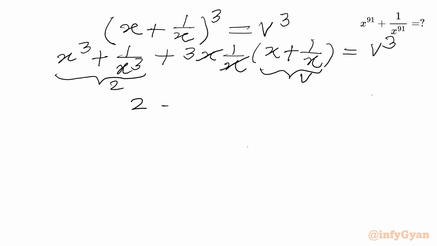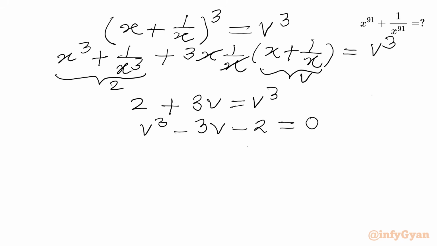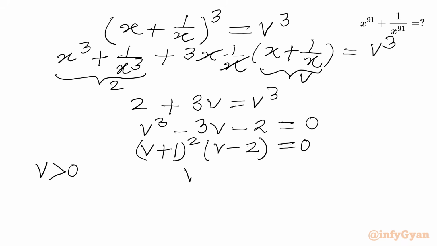So we will write 2 plus 3v equal to v cube, or v cube minus 3v minus 2 equal to 0. We have solved this cubic equation before in variable u, which we can factor here as v plus 1 whole square times v minus 2 equal to 0. v is also greater than 0. So we are going to get v equal to 2.